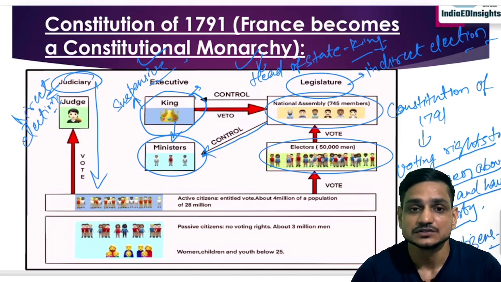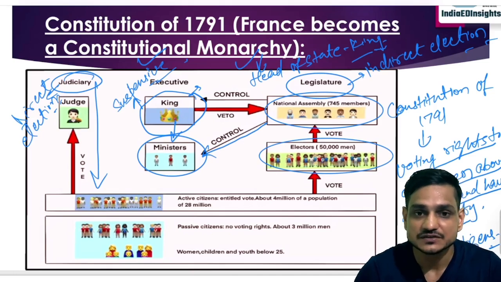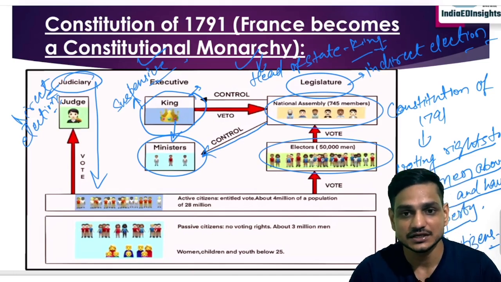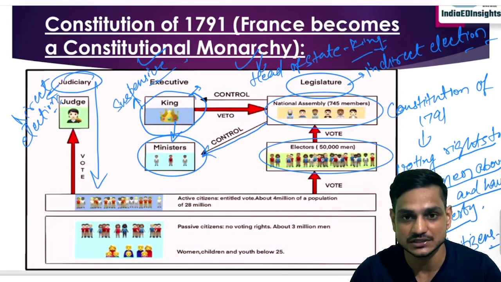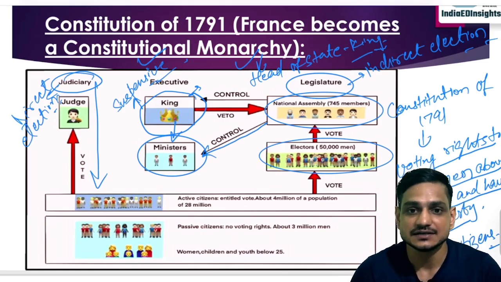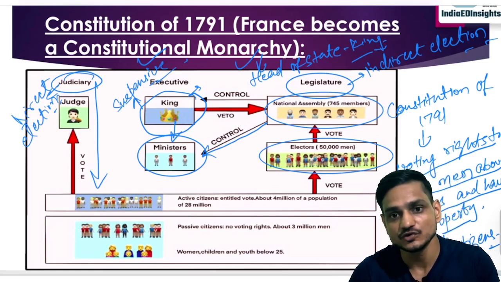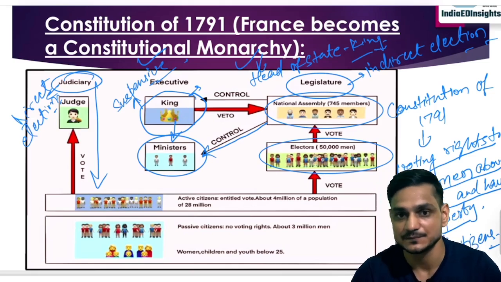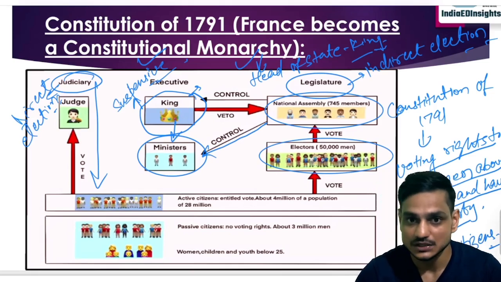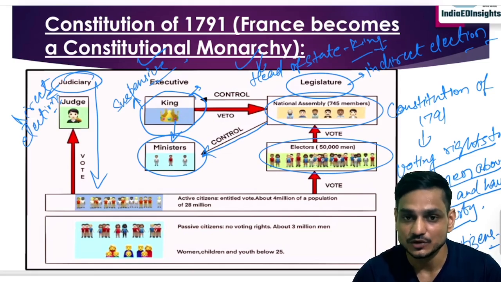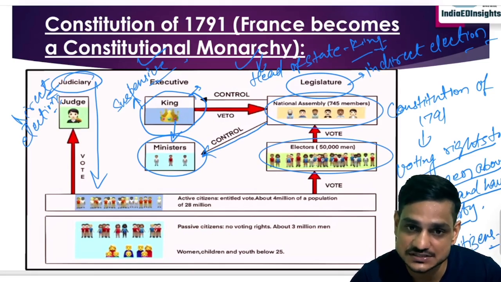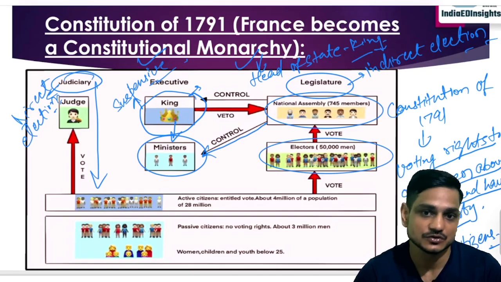So suspensive veto is with the king. सस्पेंसिव वीटो का मतलब होता है कि नेशनल असेंबली के डिसीजंस को रिव्यू करने के लिए किंग बोल सकता है. Review means the king will tell the National Assembly that you have to review your decisions, you have to check once again your decisions. So this suspensive veto was with the king. This was the political structure of France according to the 1791 constitution.